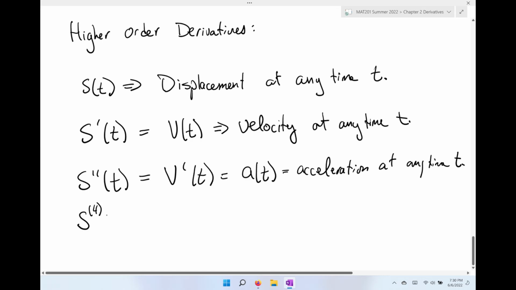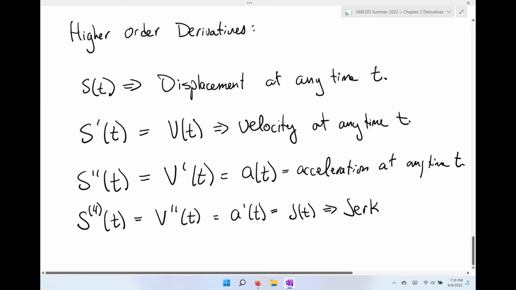If you can take the fourth derivative of displacement, that will be, excuse me, the second derivative of velocity, which will be the first derivative of acceleration, and that will equal j of t, which is a jerk.